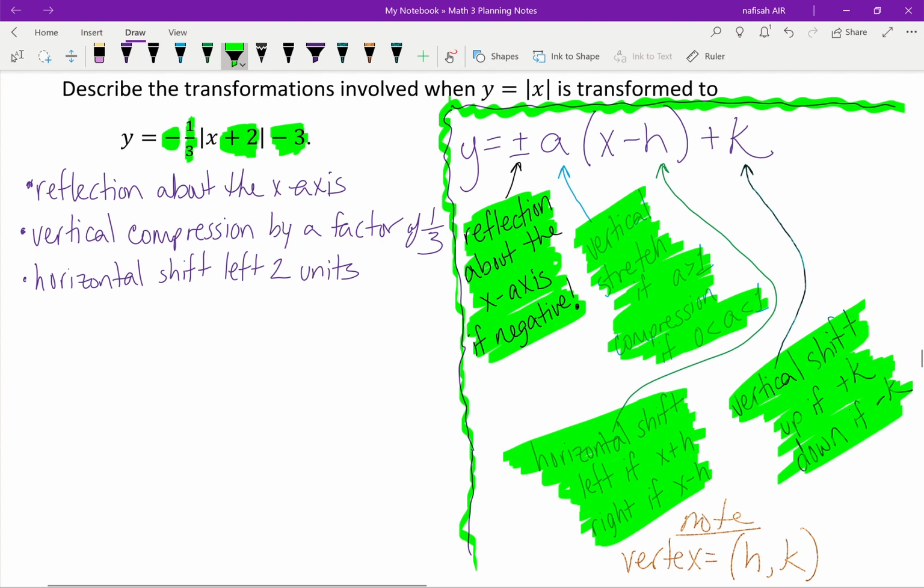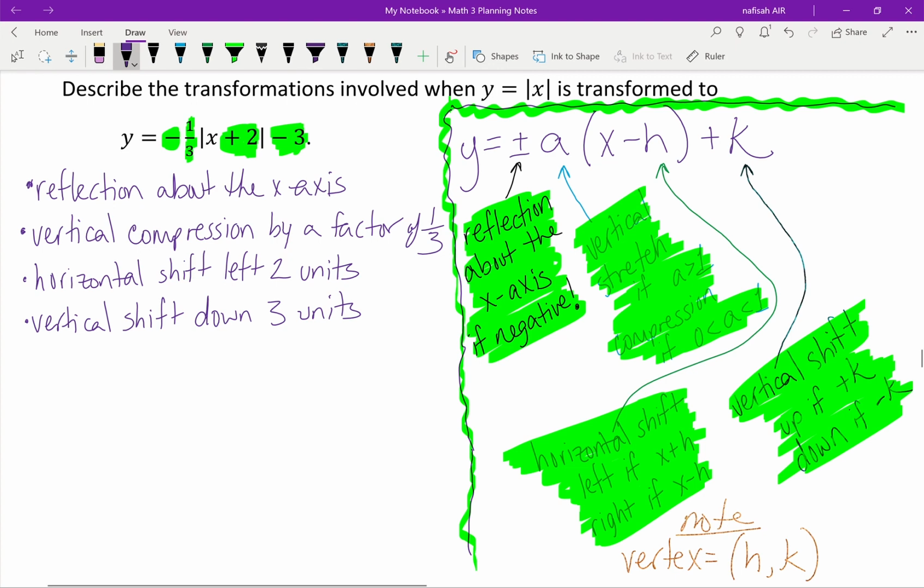It's up if it's a plus K, it's down if it's a minus K. In this case, I have a -3, which means that I have a vertical shift down 3 units. And I've addressed everything in the problem they gave me. I have my transformations involved to my parent function, the absolute value of x.